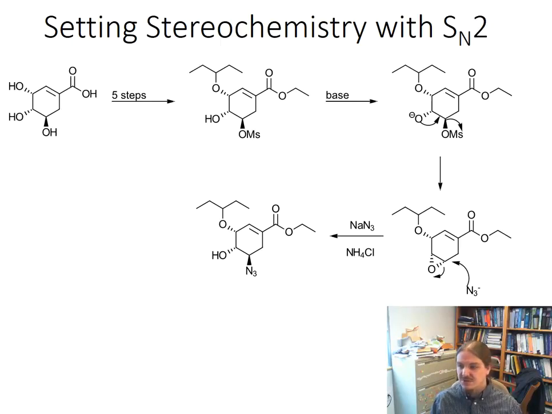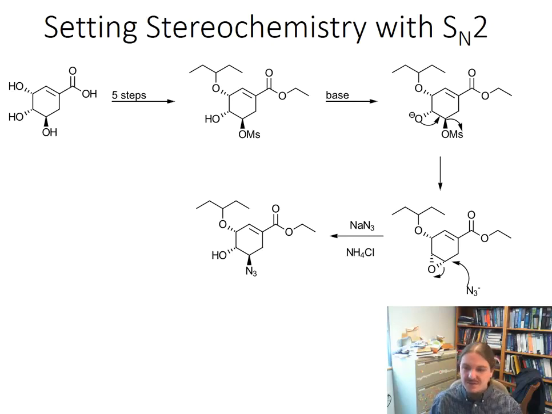And most undergraduate course sequences spend a whole chapter on epoxides. So if you haven't covered epoxides yet, hold on, they're coming. The most important reaction of epoxides is ring opening by nucleophiles following the SN2 reaction. And in the case of oseltamivir, because we want a nitrogen at the bottom carbon of the ring, we use a nitrogen nucleophile, specifically azide, or N3-.